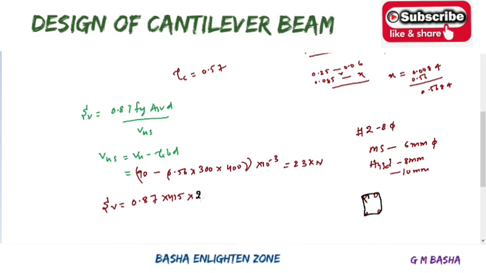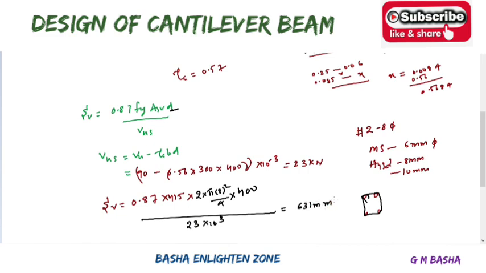So here I am using 2-legged 8 mm stirrups, which is pi d square by 4 into this d value is around 400, by Vus will be the 23 kilonewton, which is 23 into 10 to the power of 3. So if you simplify, you will get Sv value will be around 631.